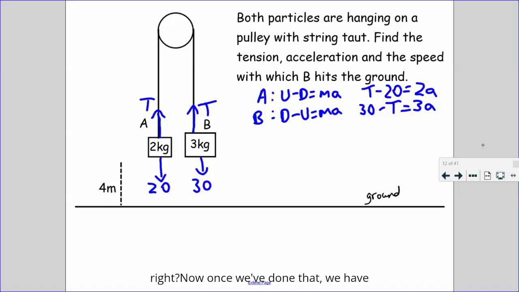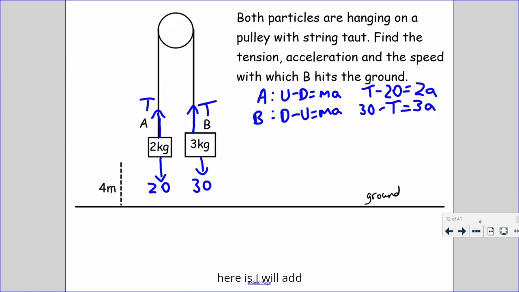Right, now, once we've done that, we have two equations. We can solve them simultaneously. Whichever method you want to use, what I will do here is add both of these equations. Okay, so T plus minus T will cancel.